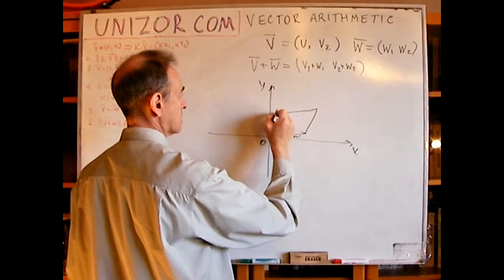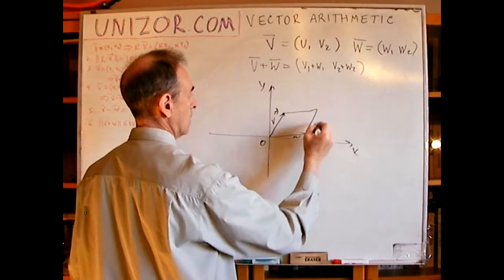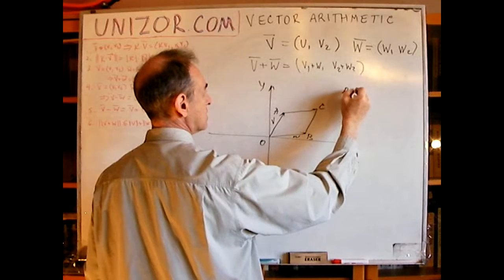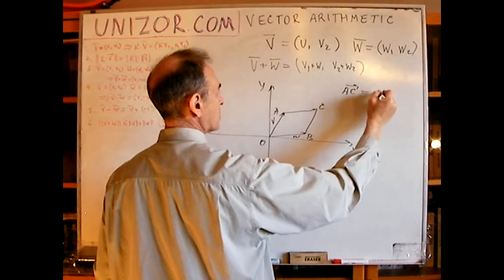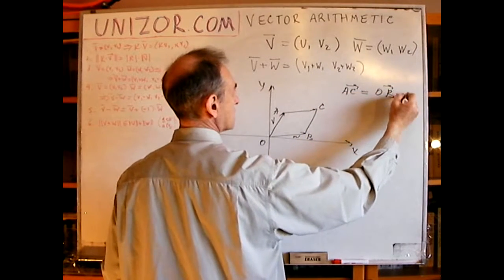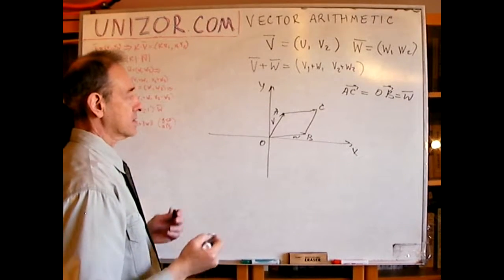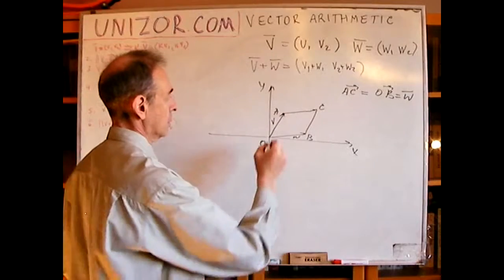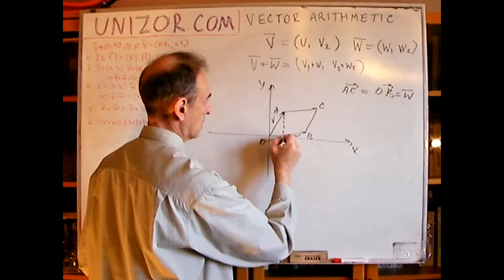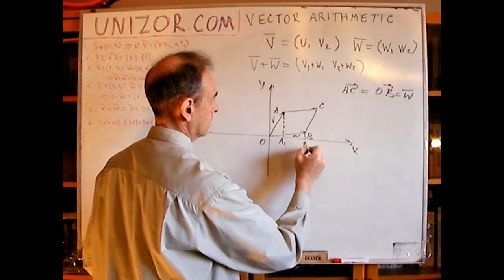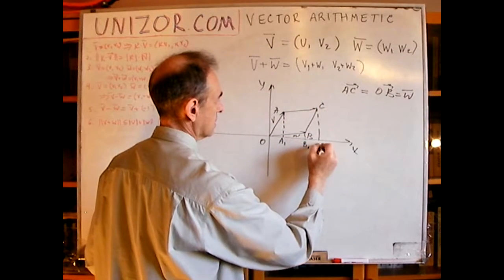So if this is A, this is B, this is C, so the AC vector is exactly the same as OB, and this is w. All right? Now, let's think about coordinates. This coordinate A1, this is B1, and this is C1.